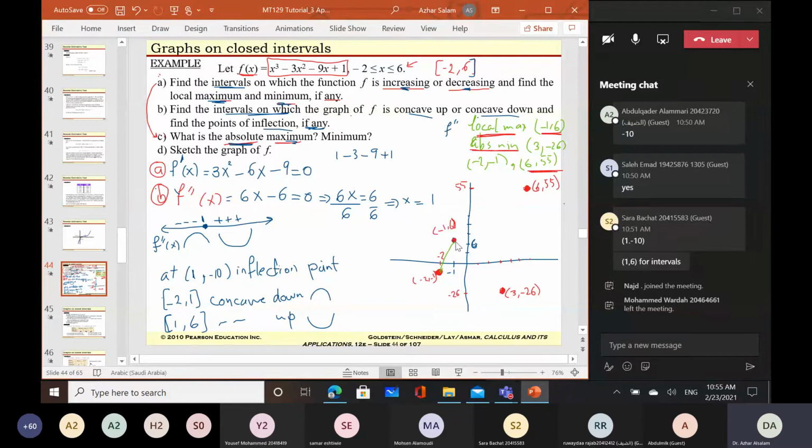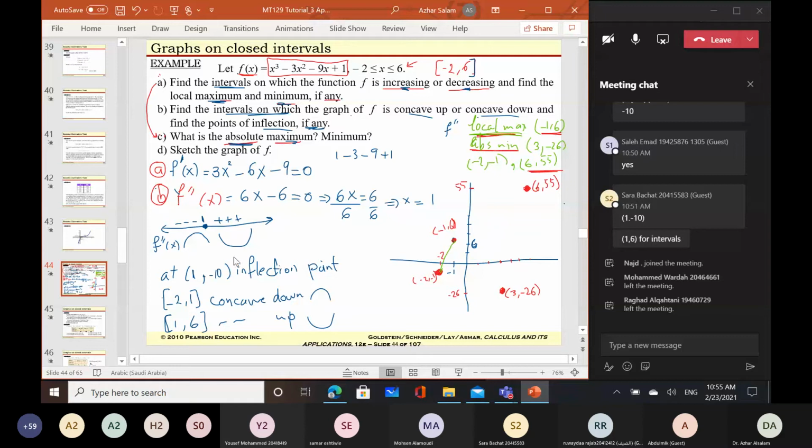We said that at minus 1 it will be a local maximum. So I stop increasing here and start to decrease the function, but still concave down until 1. We didn't indicate 1 and minus 10 yet.